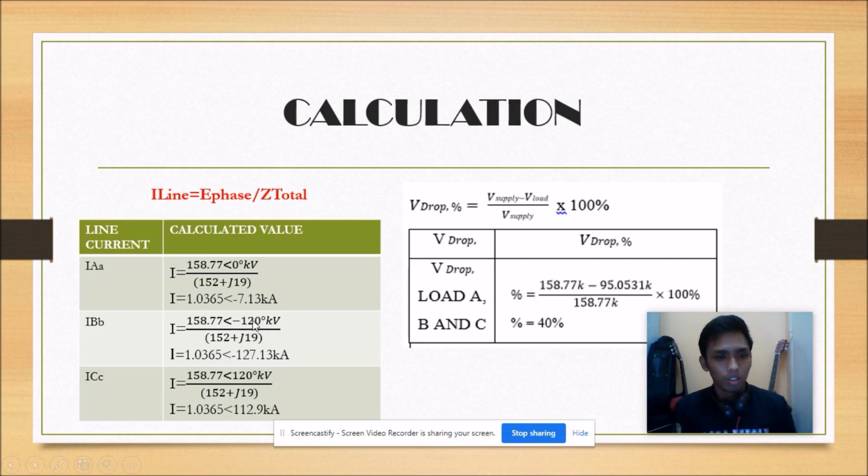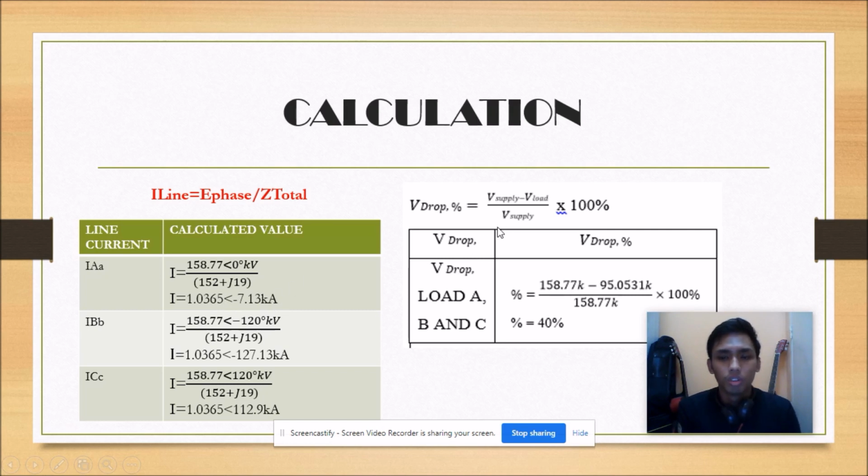Okay, for line current, during simulation I got 1.03113 kilo ampere, slightly different, a little bit different, at two decimal places. This one 65, and for line current I got 13.